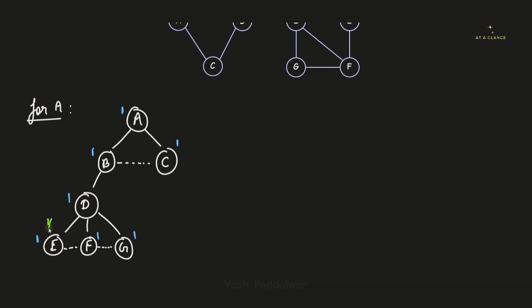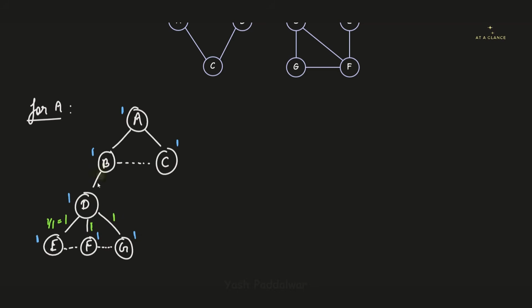So 1 divided by 1 gives us 1. So 1 is the centrality of the edge DE. Similarly, for DF it is again 1 divided by 1, so it is 1. Similarly, for DG also it is 1, because 1 divided by 1 is 1.